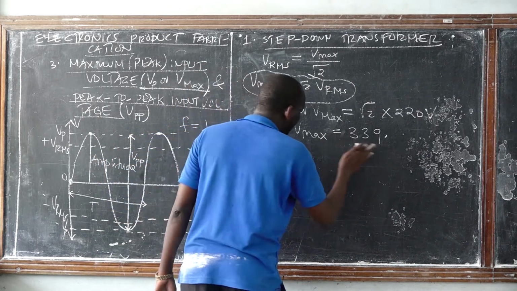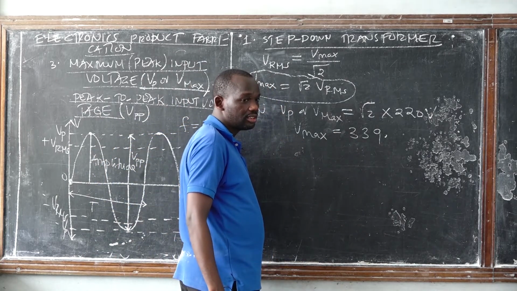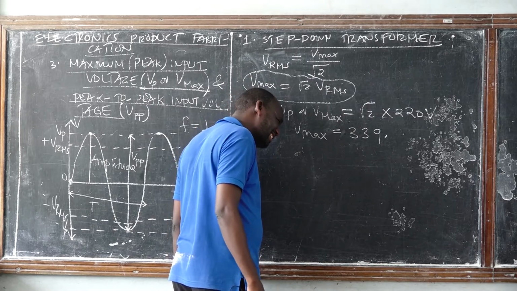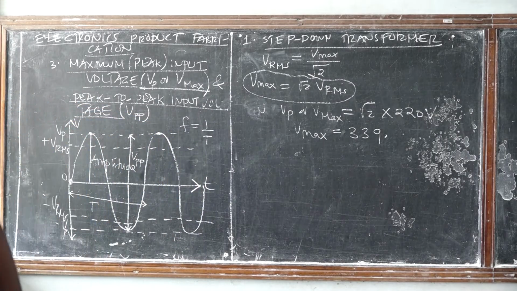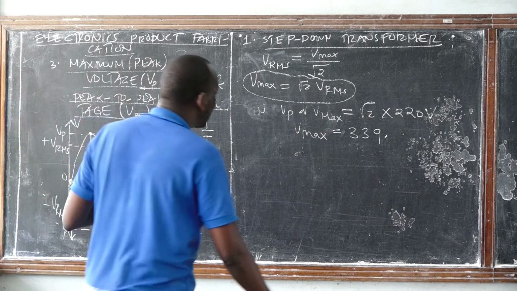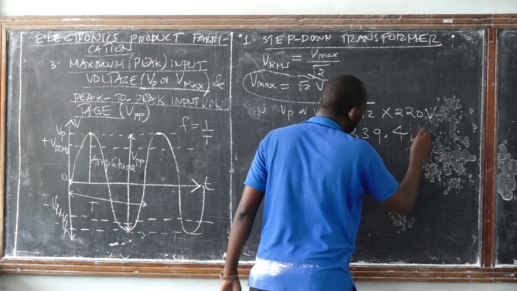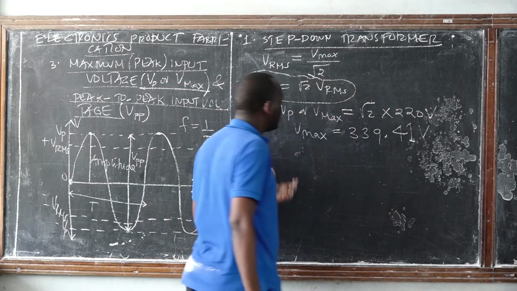So 311.08. Class, take your calculator if you don't know how to find the square root of 2. 4.1 volt. So this is the maximum voltage.